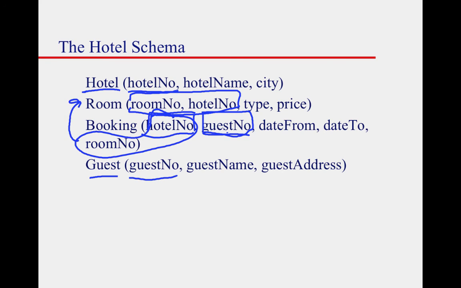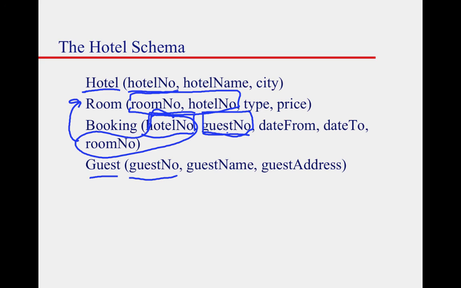So actually booking has 3 foreign keys in it. You'll notice that 2 of the foreign keys share an attribute, hotel number. So there's 3 foreign keys, 1 into hotel, 1 into room, 1 into guest. 2 of the foreign keys share a common attribute, and that's okay.